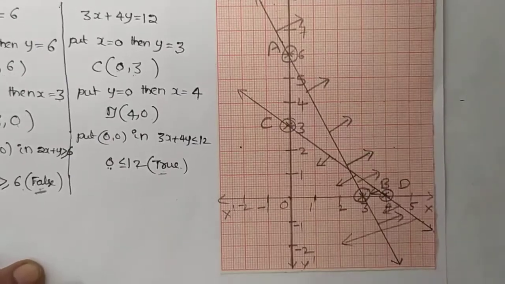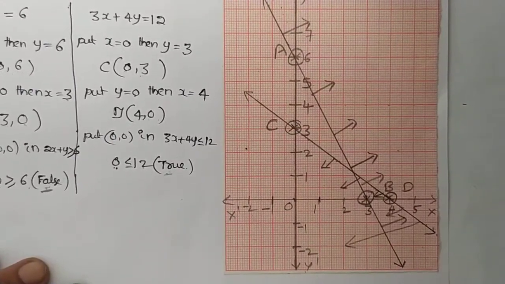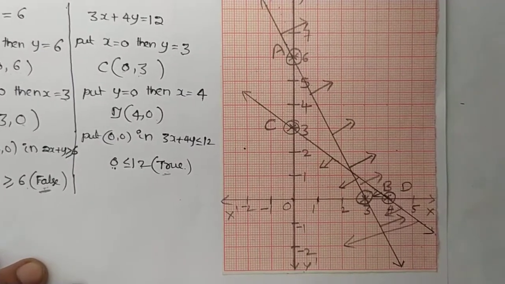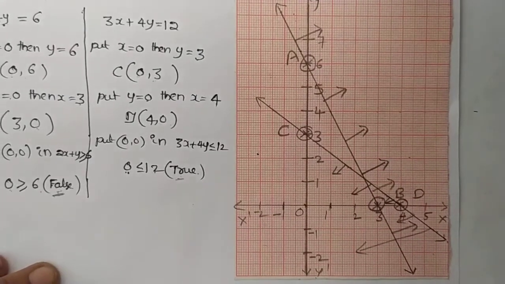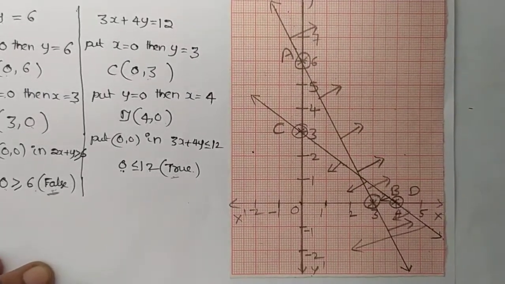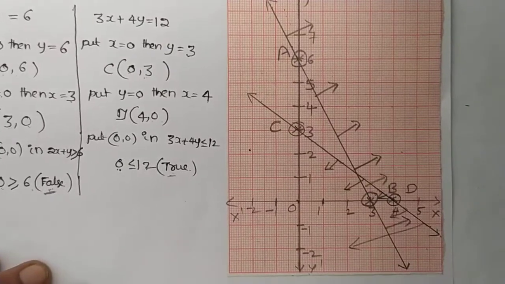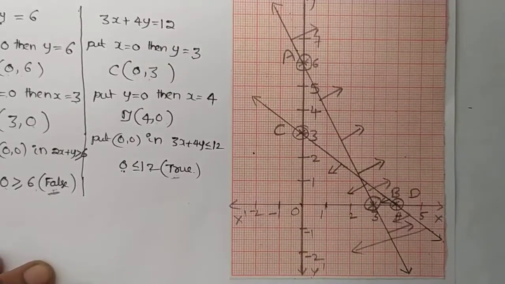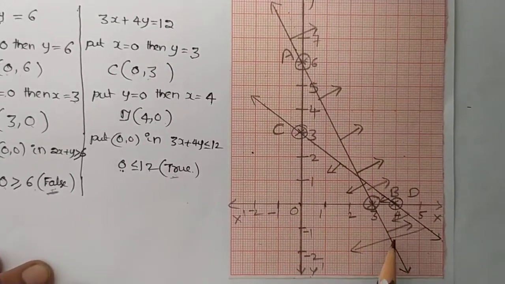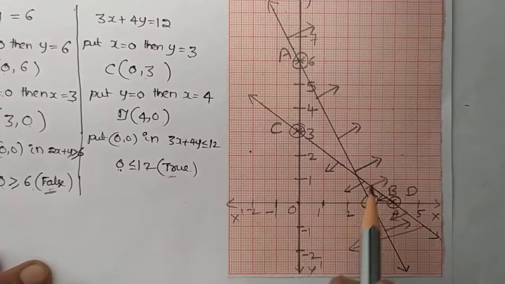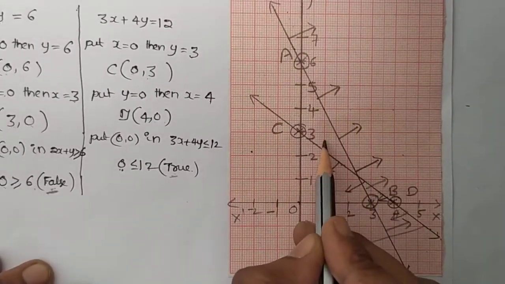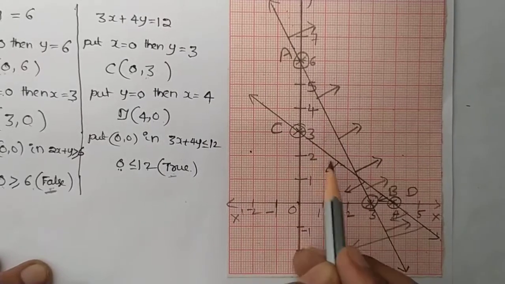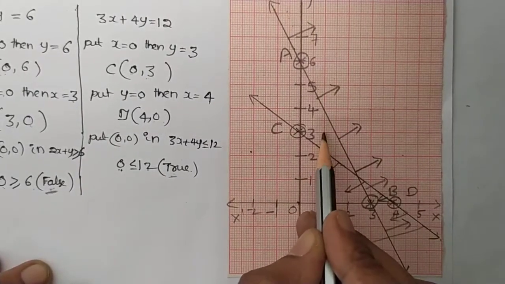Now where will be the solution region? I already told you in the previous problem that the solution is where the common region is bounded, where the two shaded regions coincide. If we take this portion, no shaded region is there, right?